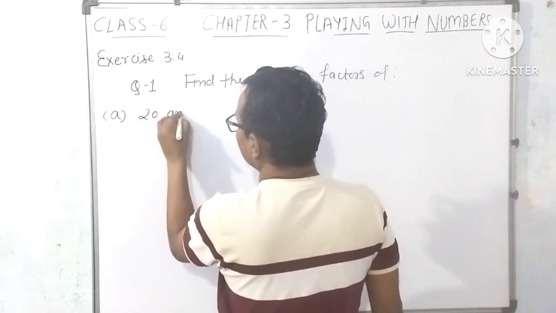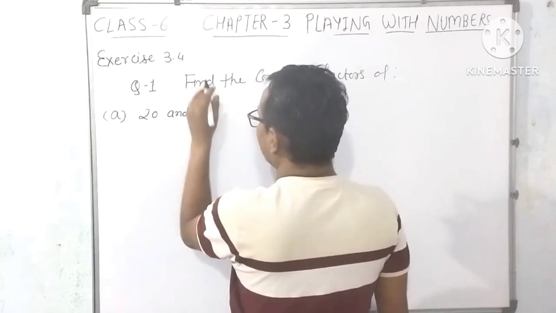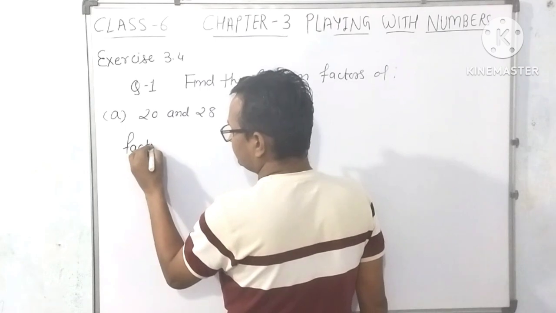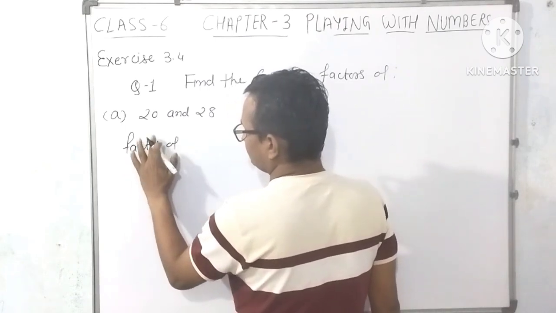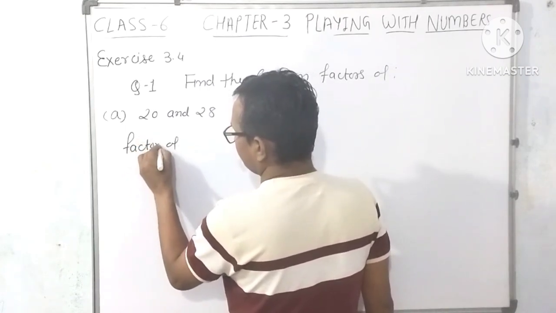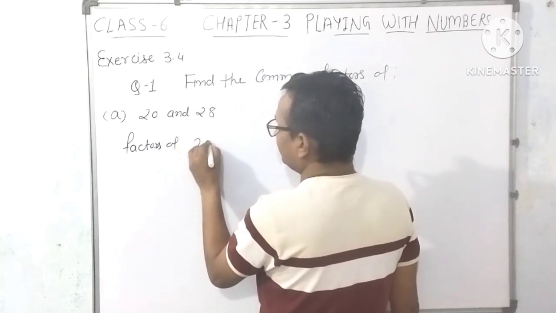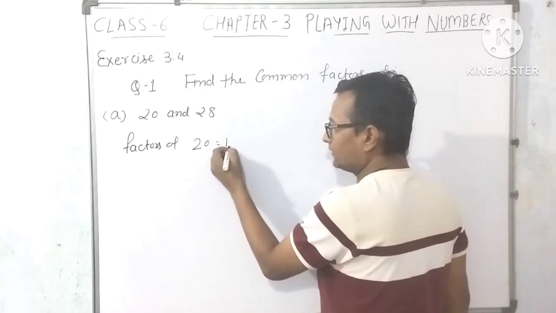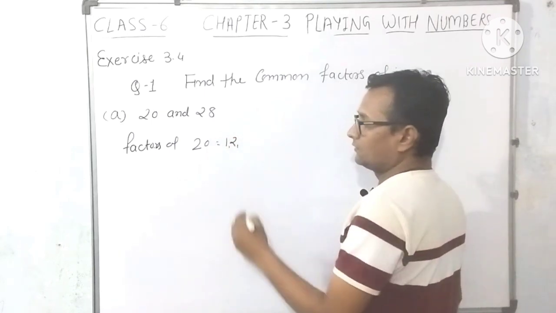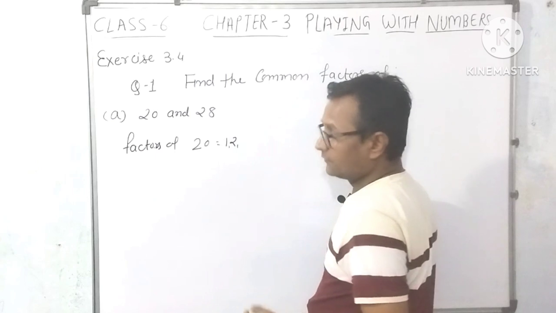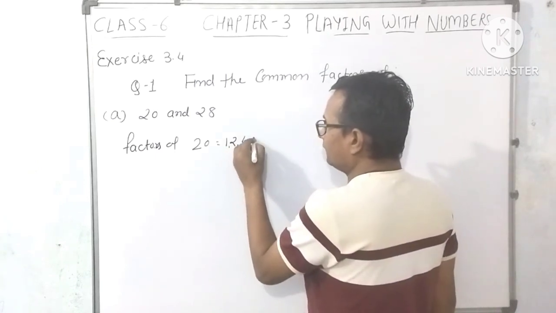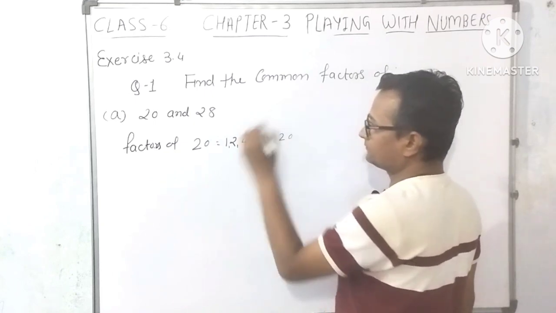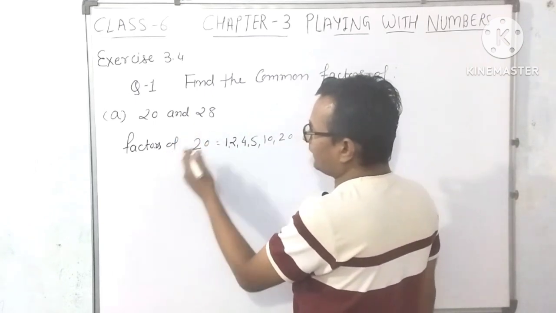So factors of 20: we know 1, 2, then 3 does not come, 4, 5, 10 and 20.